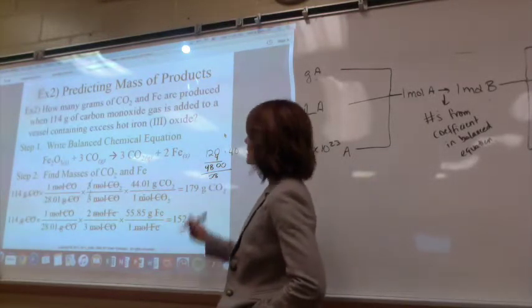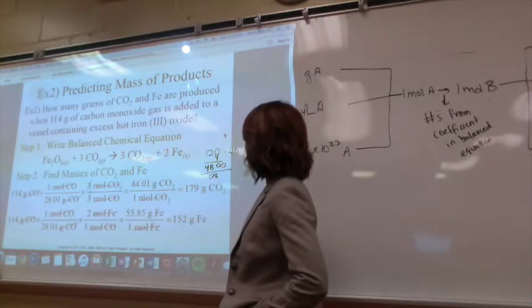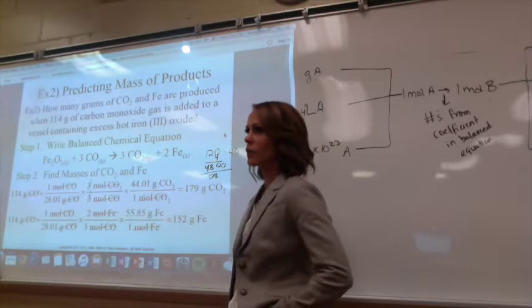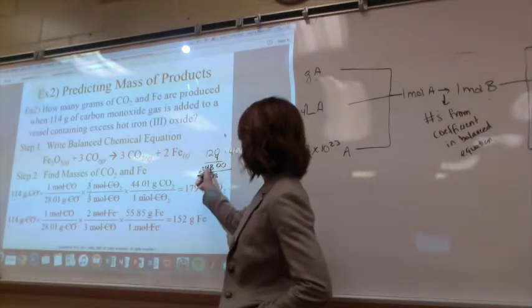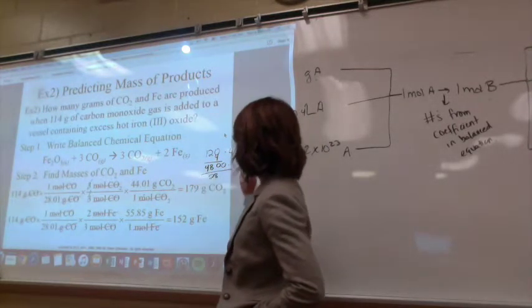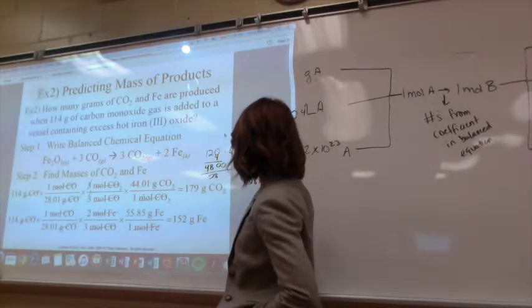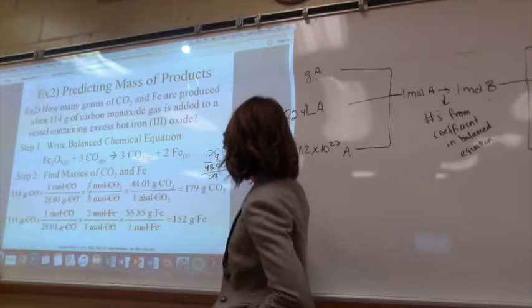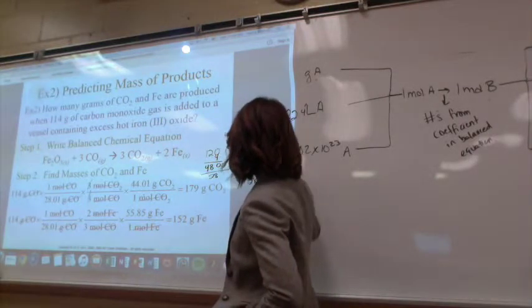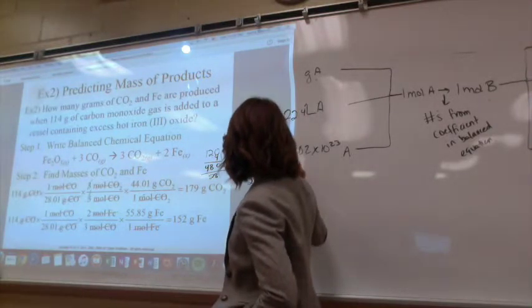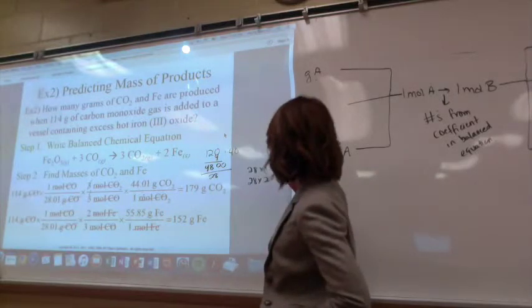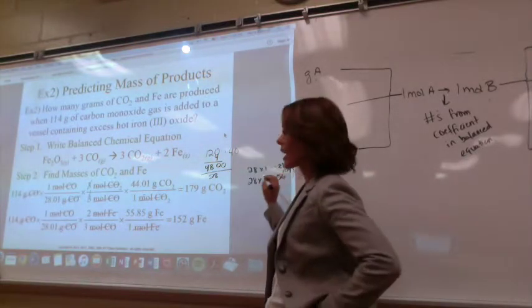So what would this be? Roughly. 28 times 2 would give you 56, right? So this is definitely too high. 48, so let me just show you something. If I do 28 times 2, I would get 56. If I do 28 times 1, I get 28. 48 is like 10-ish in between here, right? It's like halfway in between.